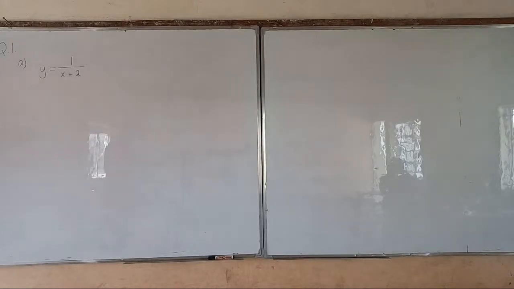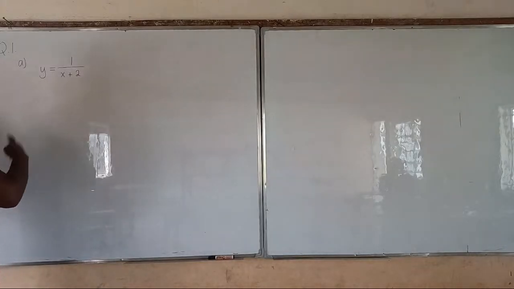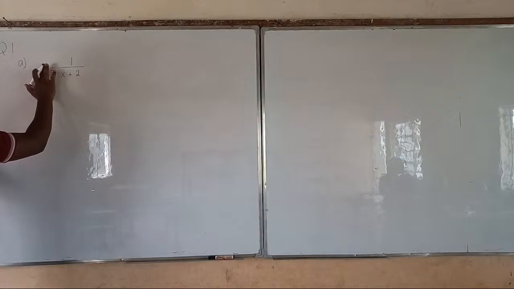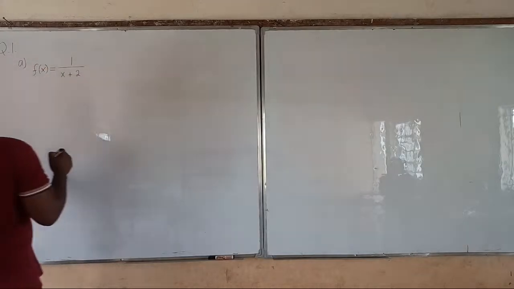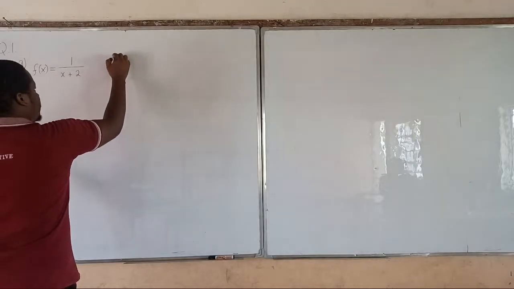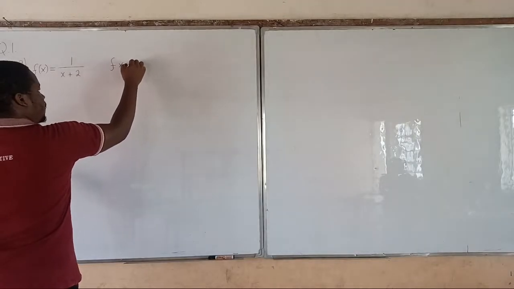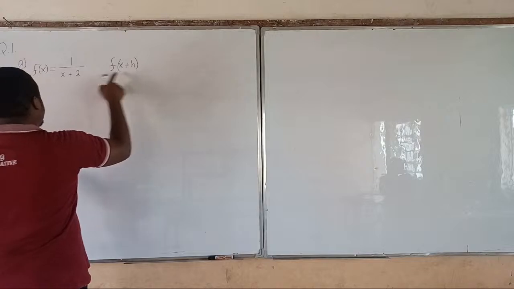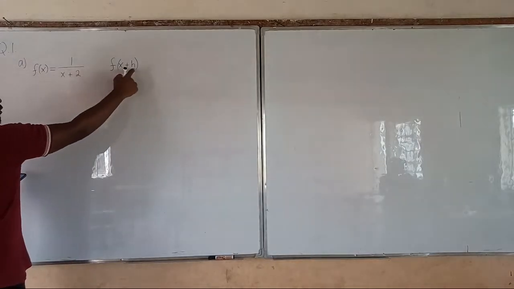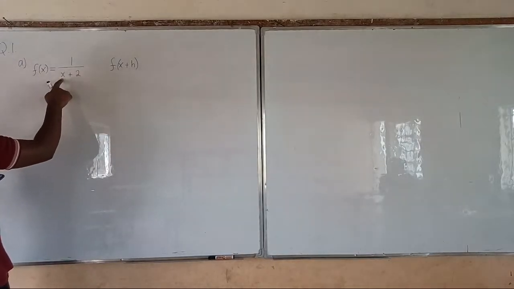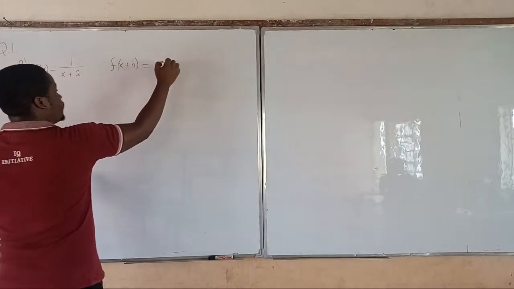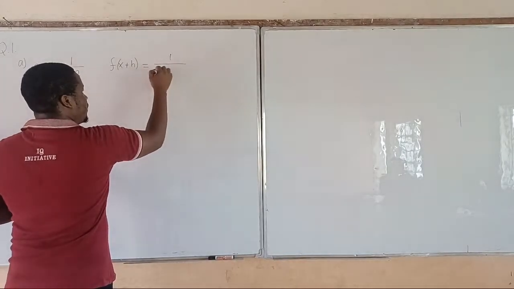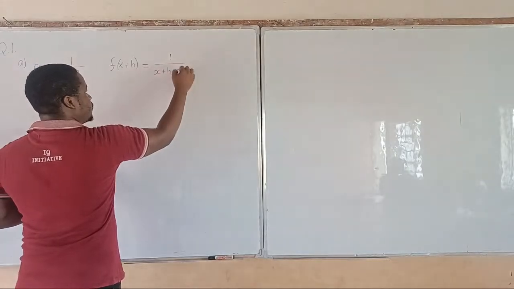So the first thing we're going to do is, we have the function of y. This function of y is the same as the function f of x. So what we need is the function f of x plus h. What does this mean? Where there's x, replace with x plus h, so we have 1 over x plus h plus 2.